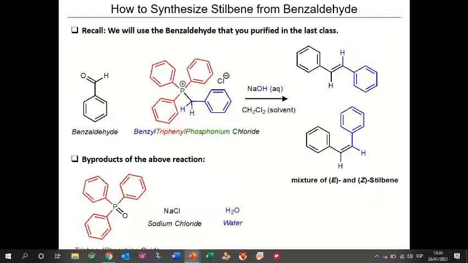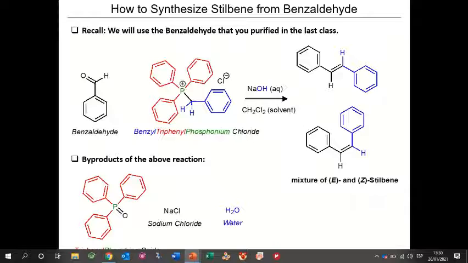So, in general terms, in order to synthesize stilbene from benzaldehyde, we are going to need, of course, benzaldehyde and benzyltriphenylphosphonium chloride.